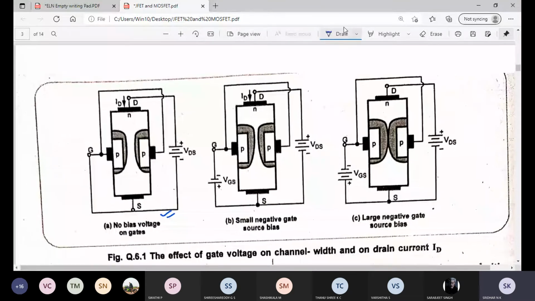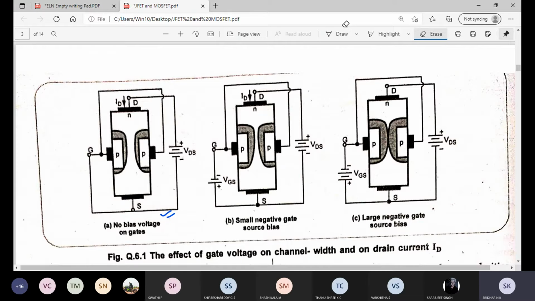You see the channel is N, this is N-type material. It is very simple to understand this concept, and it will be there for you forever to understand any further FETs.